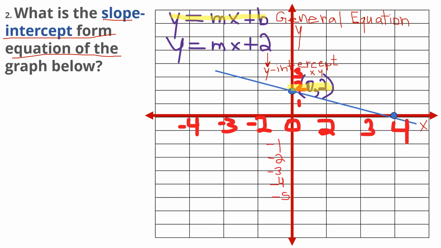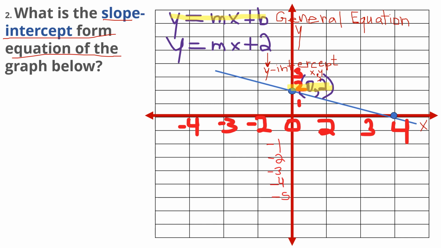Now you have your first point. You started at 0 and you have 2. You can start here, and actually you can start anywhere. A lot of people want to go up and over, but if you go over 1 and go up, you're going to get the wrong part of the slope. Try the second point, because some of your points as it goes up are negative, and some are positive.